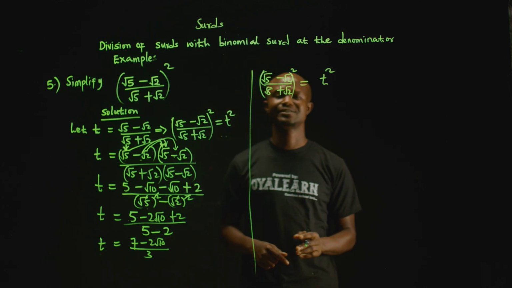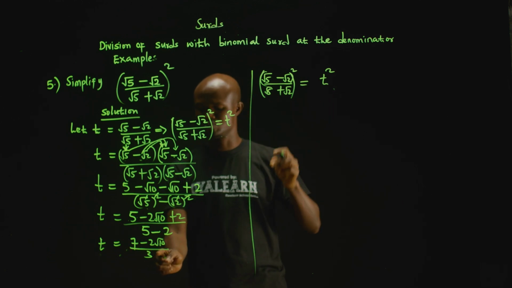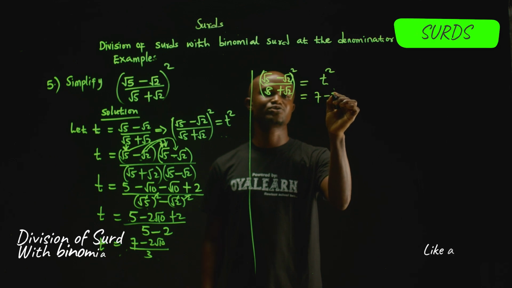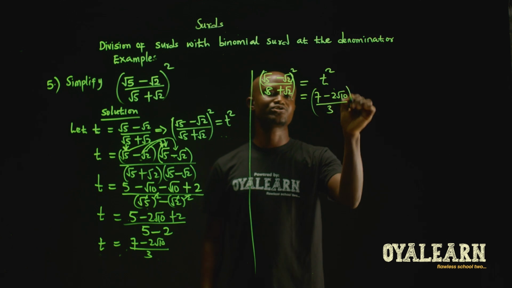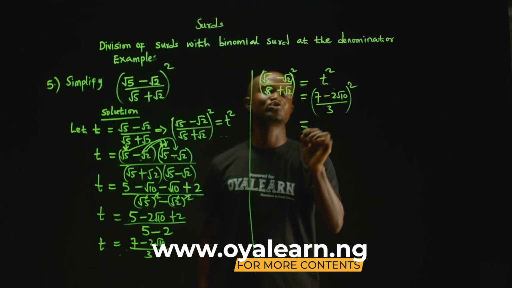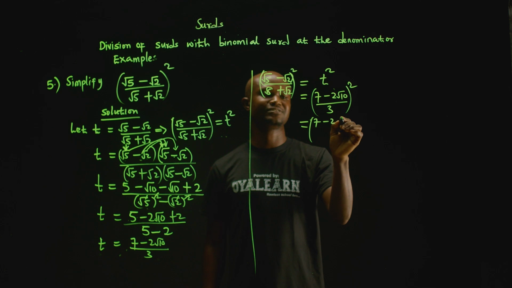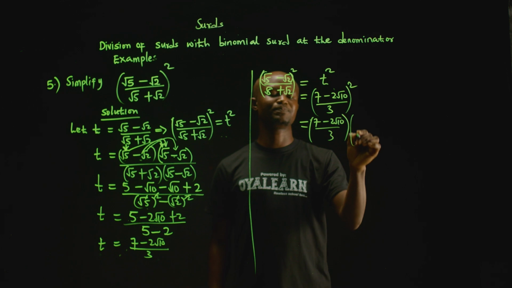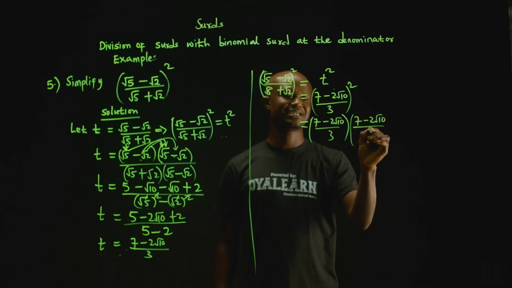Now, anywhere we see t, we are going to put in (7 − 2√10)/3. So we have ((7 − 2√10)/3) all raised to the power of 2. In this case, we can write this in two places: (7 − 2√10)/3 multiplied by that same (7 − 2√10)/3.